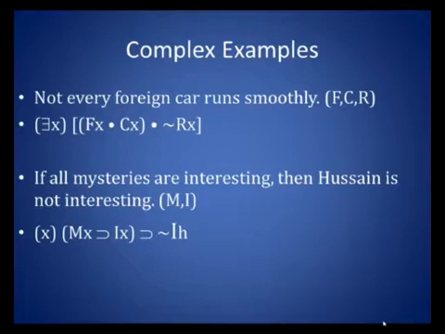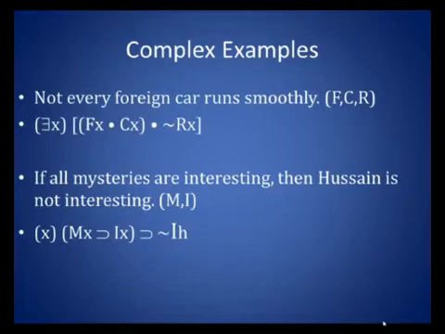So we could read this as, if for all X, if you're a mystery, then you're interesting, then it's the case that Hussein is not interesting. If all mysteries are interesting, then Hussein is not interesting. So for all X, if X is a mystery, then X is interesting, then Hussein is not interesting.